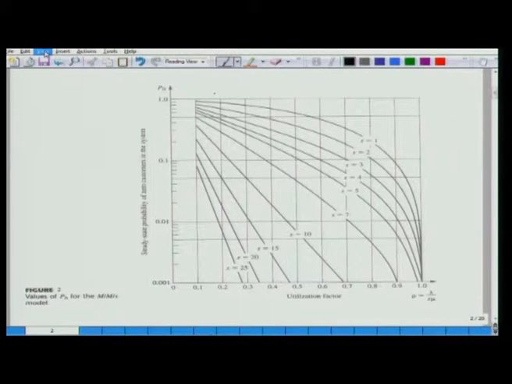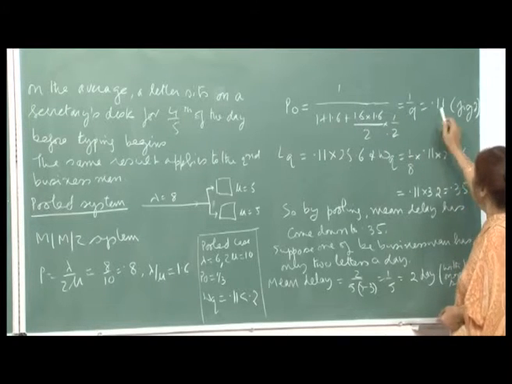Which also by our calculation comes out to be 1 by 9. So, this is 0.11.